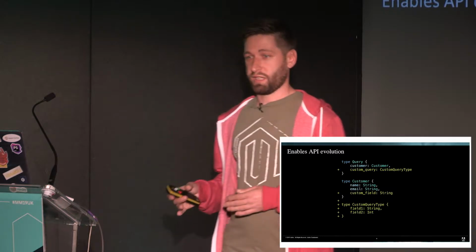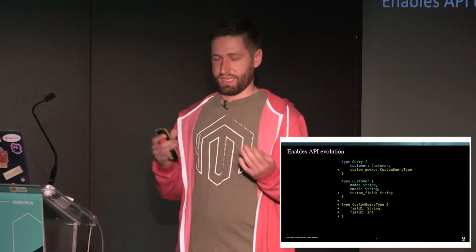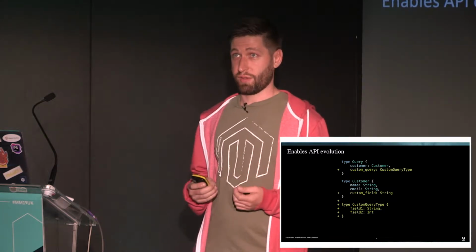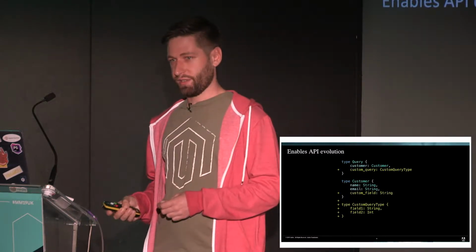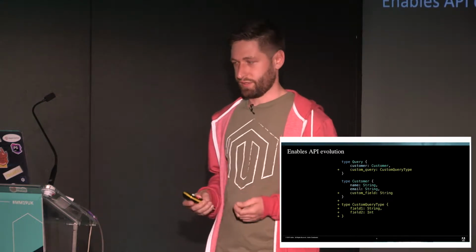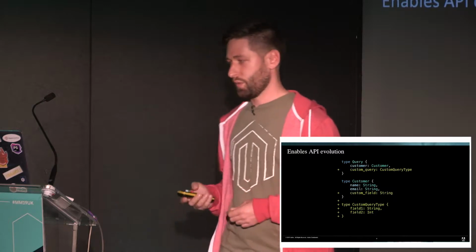While the client is not requesting the new field, the existing system behavior works without any changes. The new field can be added and processed separately from all the other fields. The new query can be added, the new mutation can be added this way.